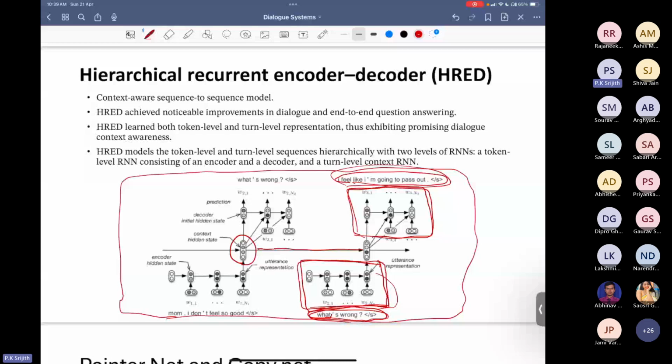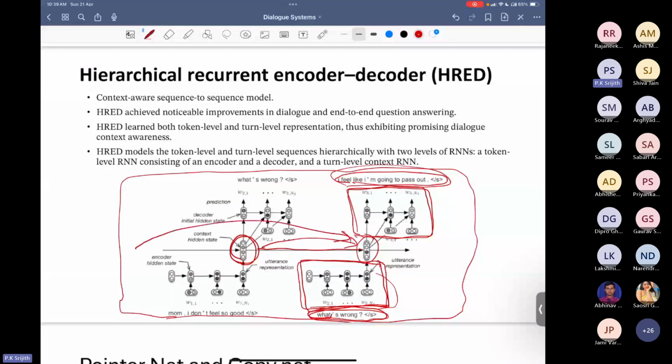So there has to be some modification made in the standard encoder decoder framework in order to capture the dependence on previous turns.